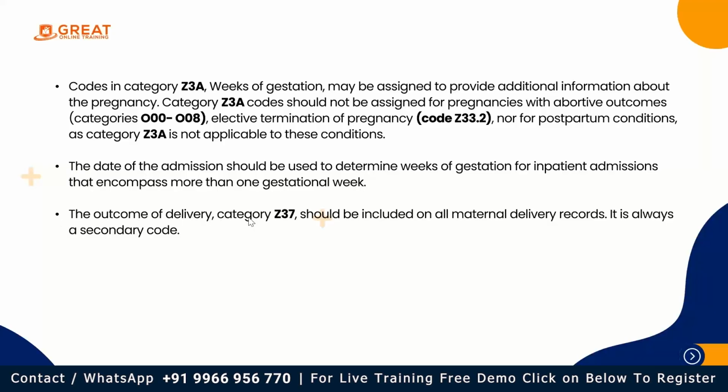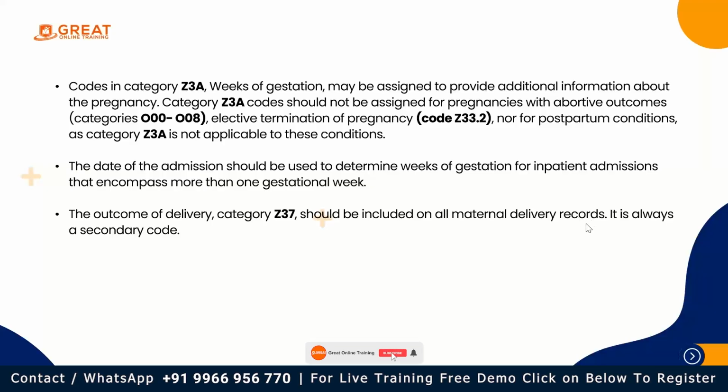The outcome of delivery, category G37, should be included on all maternal delivery records. It is always a secondary code. Okay, G37, which is for maternal delivery record, outcome of delivery. G37 represents the outcome of delivery and should be included on all maternal delivery records.